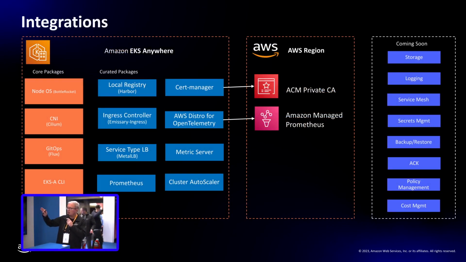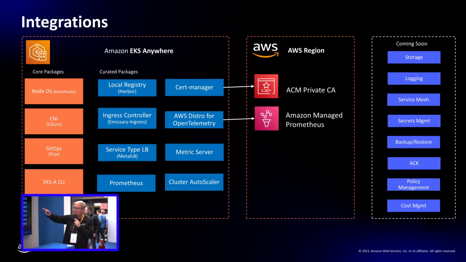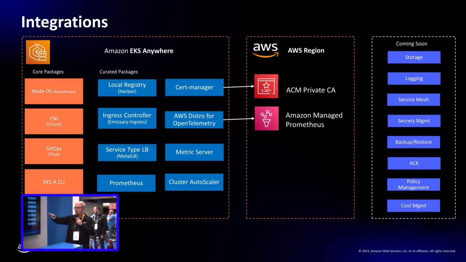Starting from the left here with what we have for the operating system and the CNI. EKS Anywhere takes full control of managing the nodes that run on the cluster. For example, in VMware, we will create VMs and put the disk image down on them.